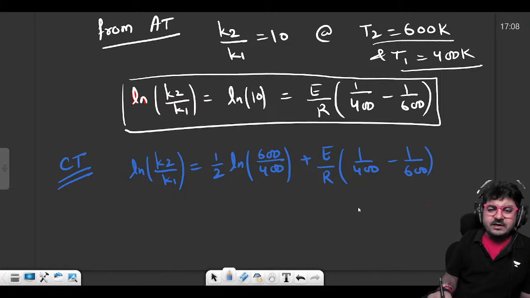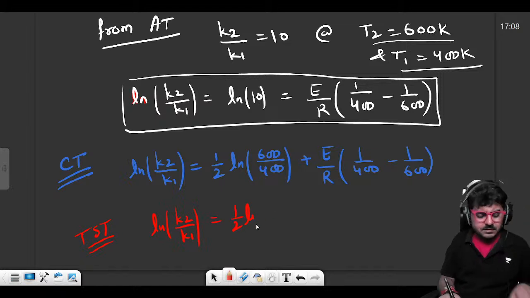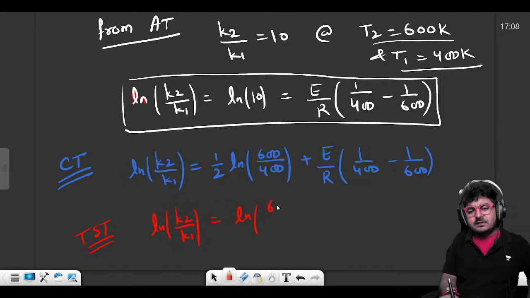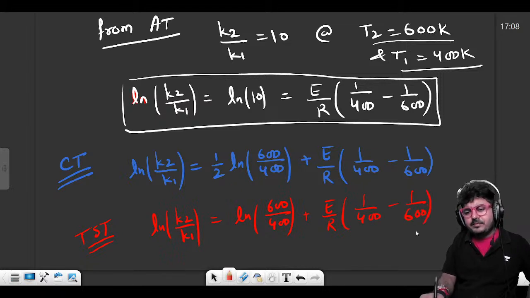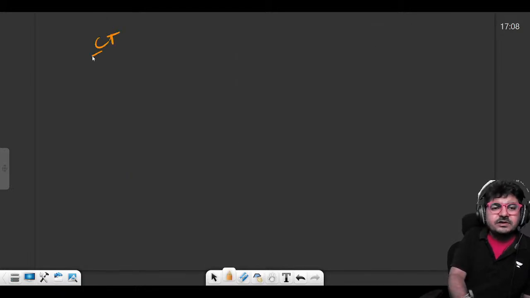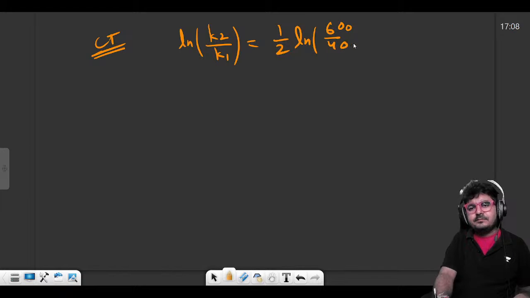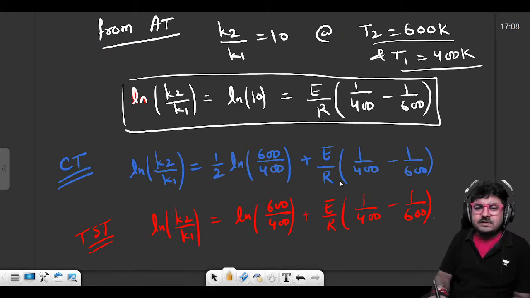And similarly from transition state theory, you know that the equation is ln K2 by K1. It will not be half, it is simply ln 600 upon 400 plus E by R times 1 upon T1 minus 1 upon T2. Correct, this is our case. So from here you can solve easily. In collision theory, look, it is ln of 600/400 to the power half plus this value.